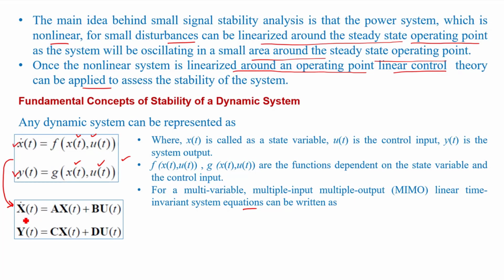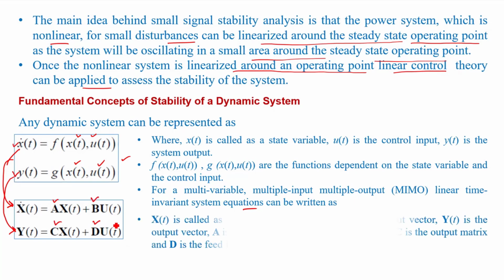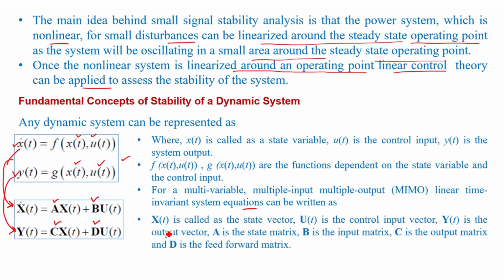That is, x dot(t) will be equal to Ax(t) plus Bu(t), and the output y(t) is equal to Cx(t) plus Du(t). We have already studied this in linear control system analysis.